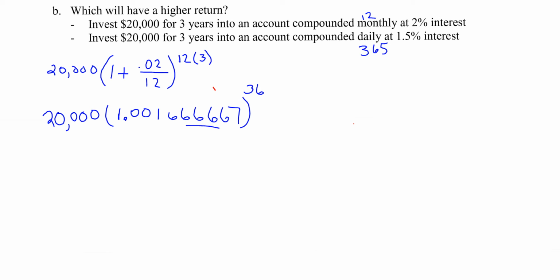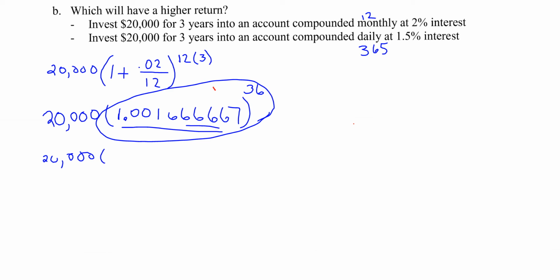So then we'll raise this to the 36th power, because it's this times this, and then we do multiplication last. So we're going to have 20,000 times 1.061783515. And when we do our final multiplication, we get $21,235.67.